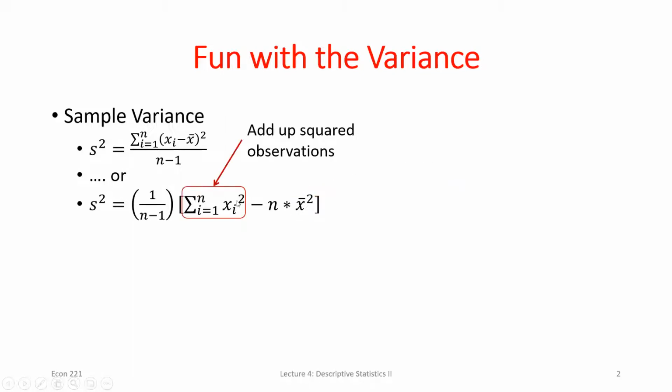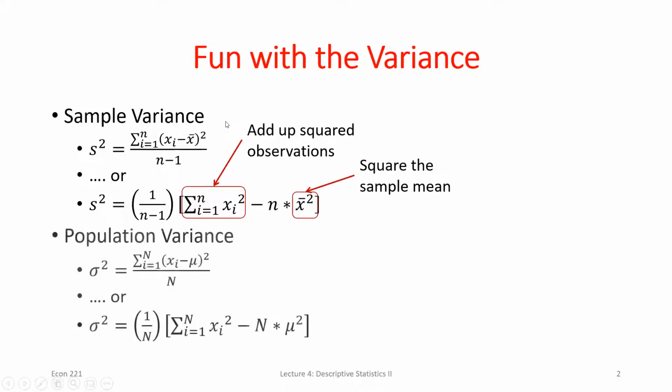So all this means, right, is take every single observation, starting with the first, i equals 1. Square every single value. Once you've done that for every observation, add them all up. Then if you subtract the number of observations times the mean squared, that actually gets you the exact same thing as this formula. So, you could do the same thing with the population variance.